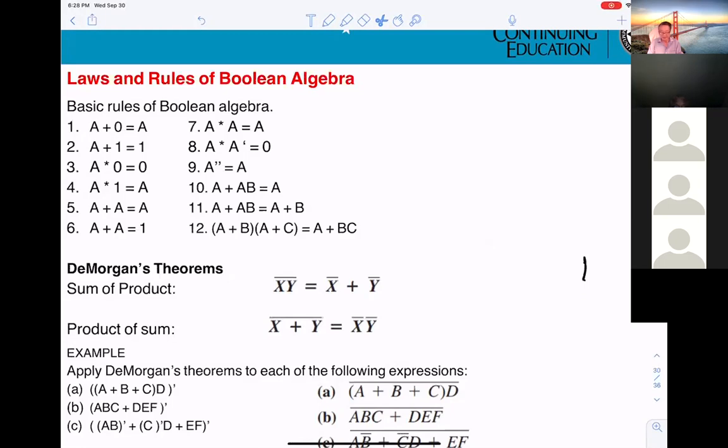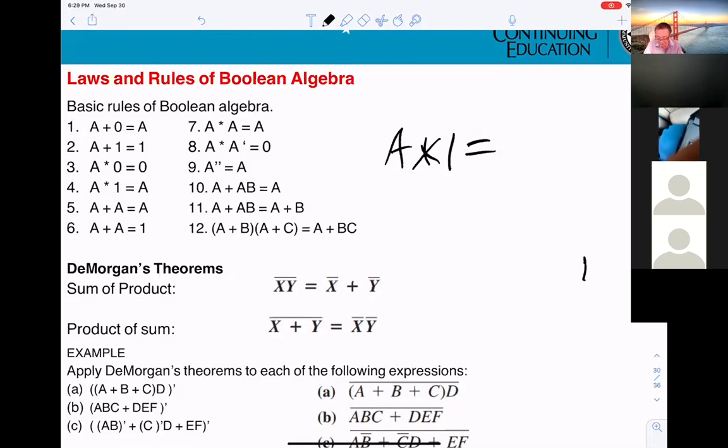Oh, okay. Number 4, A times 1. What is A times 1? It's A. 1 times anything is whatever it is. So basically, you cannot say it equals 1 or 0. It depends on A. A equals 0, you get 0.